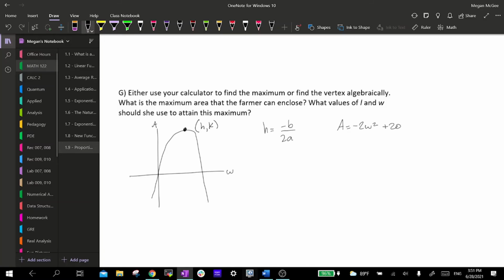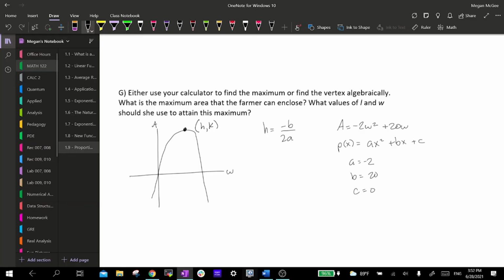And remember, we said a quadratic equation looks like ax squared plus bx plus c. So the coefficient of the squared variable is a, so a is negative 2. b is 20. And we don't have any plain number added or subtracted from our polynomial, so c is 0.